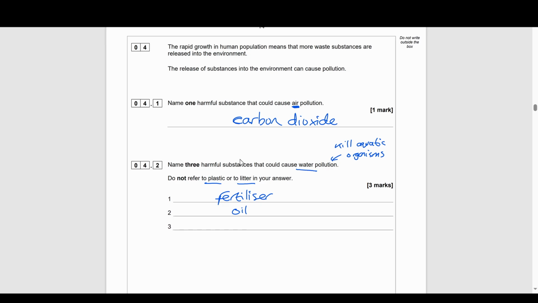And another thing that we could mention could be an example of a chemical such as sulfur dioxide. Even though sulfur dioxide can lead to acid rain, we can think of it as air pollution. But of course, if the sulfur dioxide then goes into the water as part of the acid rain, that can also kill any aquatic organism which may be there too.